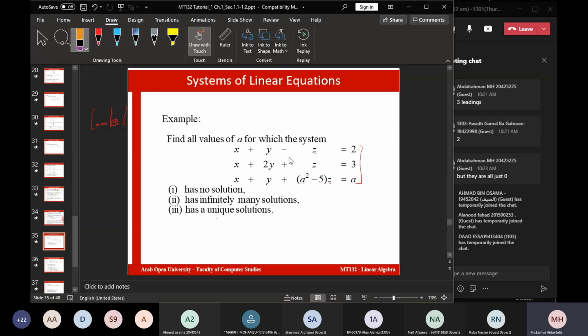But I told you that sometimes we can solve the system even if it is not in reduced echelon form.